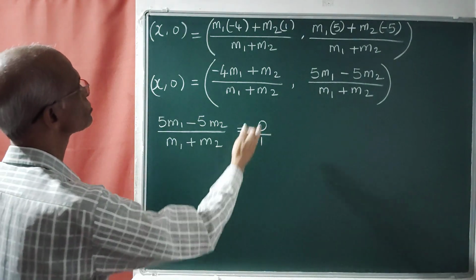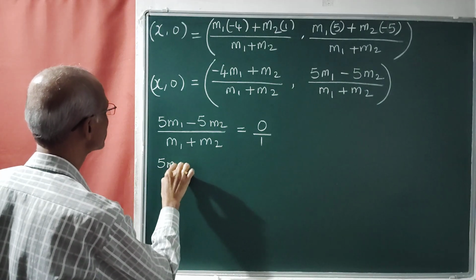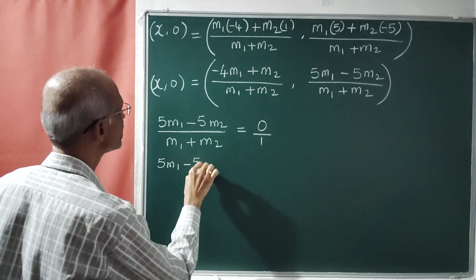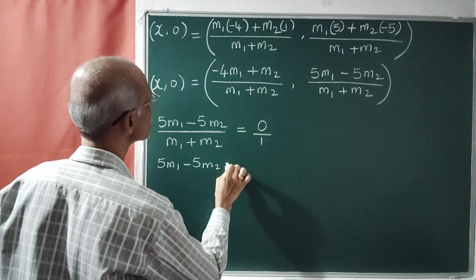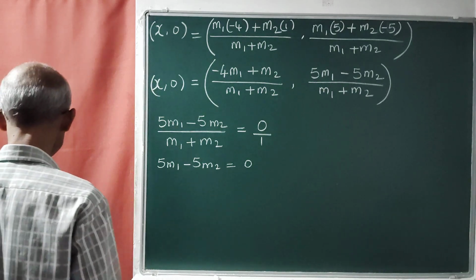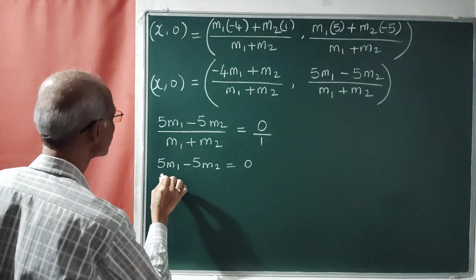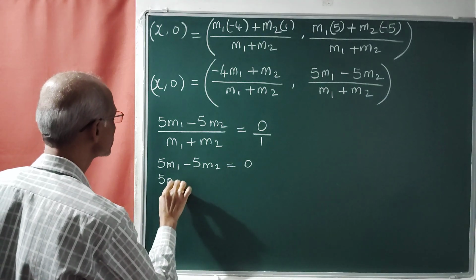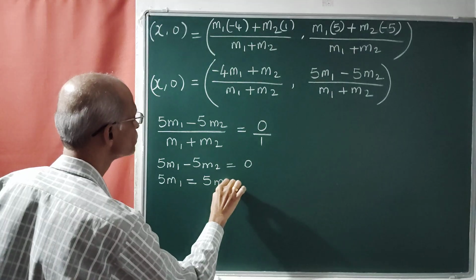Now we will cross multiply. So 5m1 minus 5m2 is equal to 0. If I transpose to the right side, 5m1 is equal to 5m2.